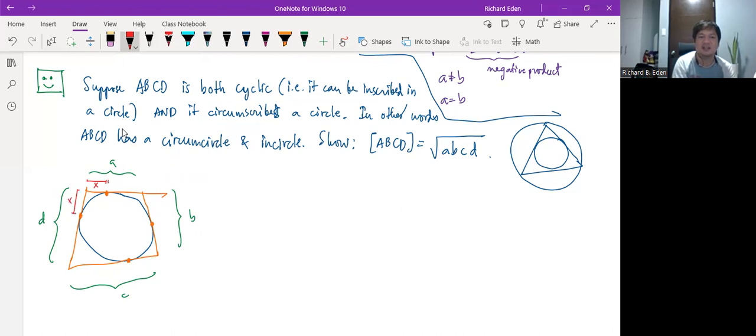Whenever I see an inscribed circle, I already see this. So this is Y. Then if this is Z.